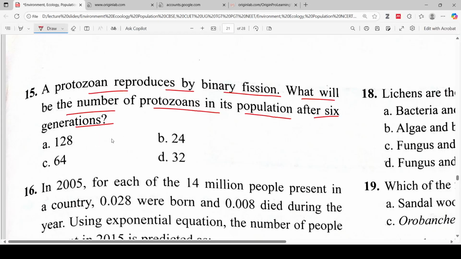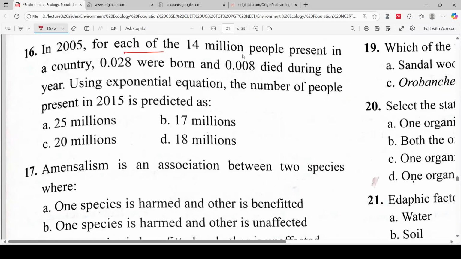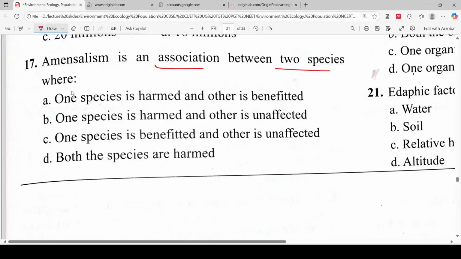So the correct answer will be option C. Next question, in 2005, for each of the millions of people present in a population, so many were born and died. Using the exponential equation, the number present will be option B. Next question, amensalism is an association between two species where one species is harmed and the other is benefited, one species is harmed and the other is unaffected, one species is benefited and the other is unaffected, both species are harmed.